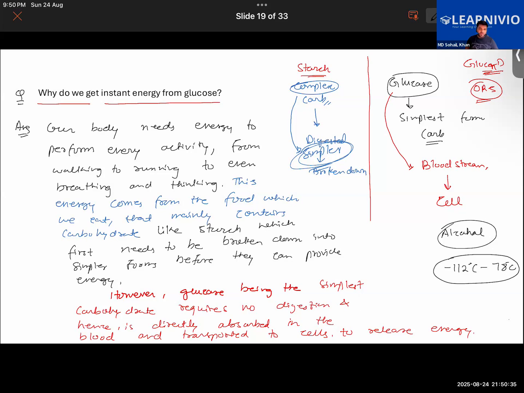In fact, Kelvin is the SI unit of temperature, and it's the best scale as well.